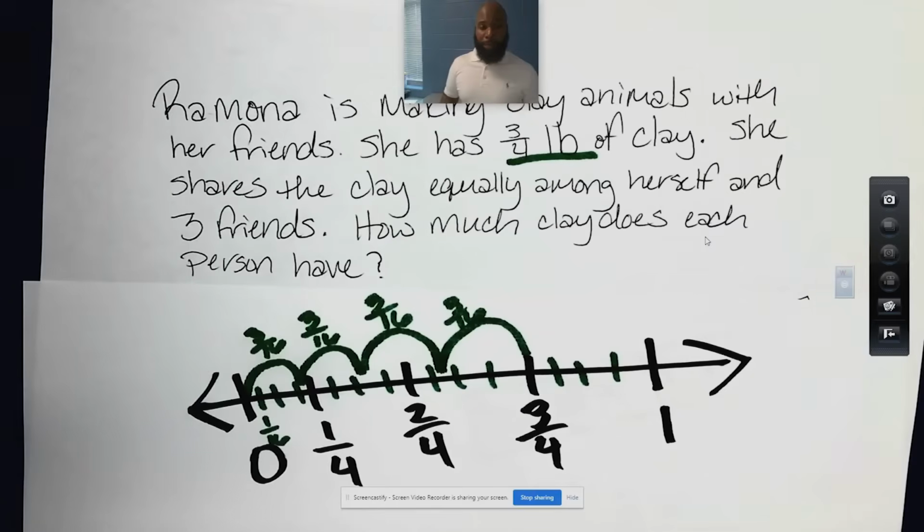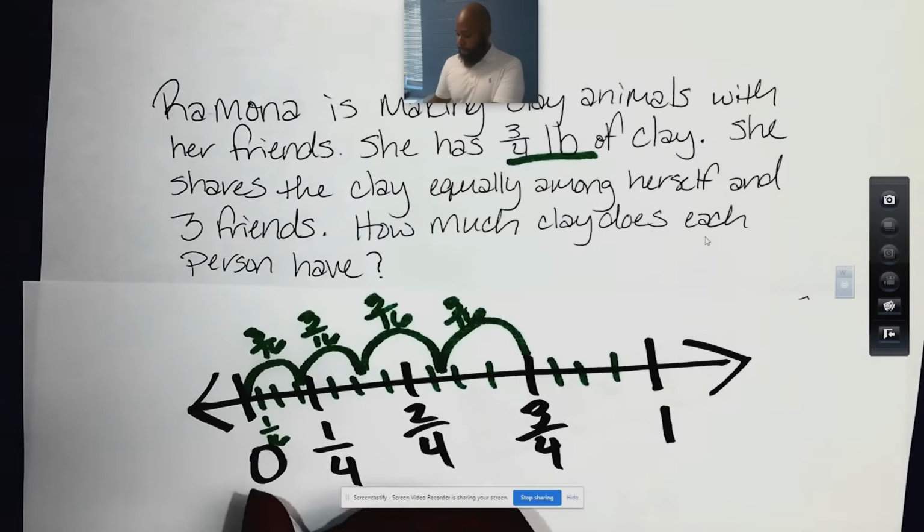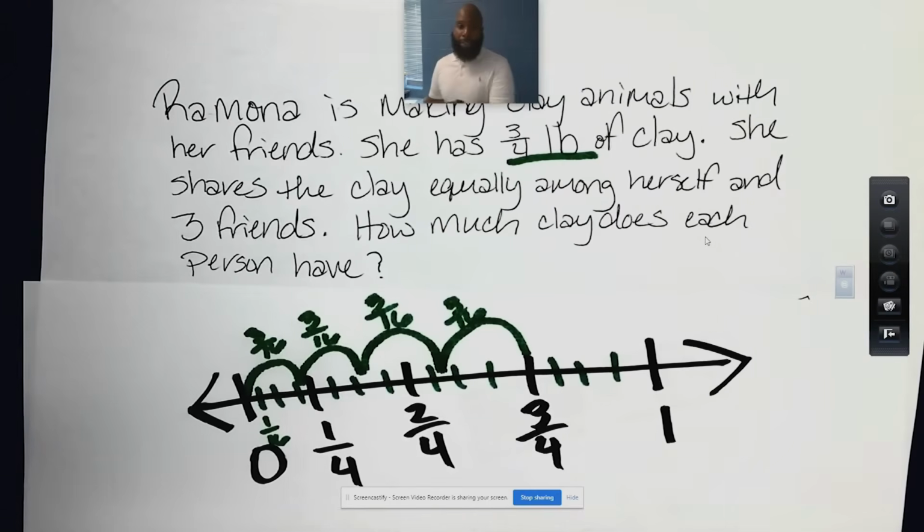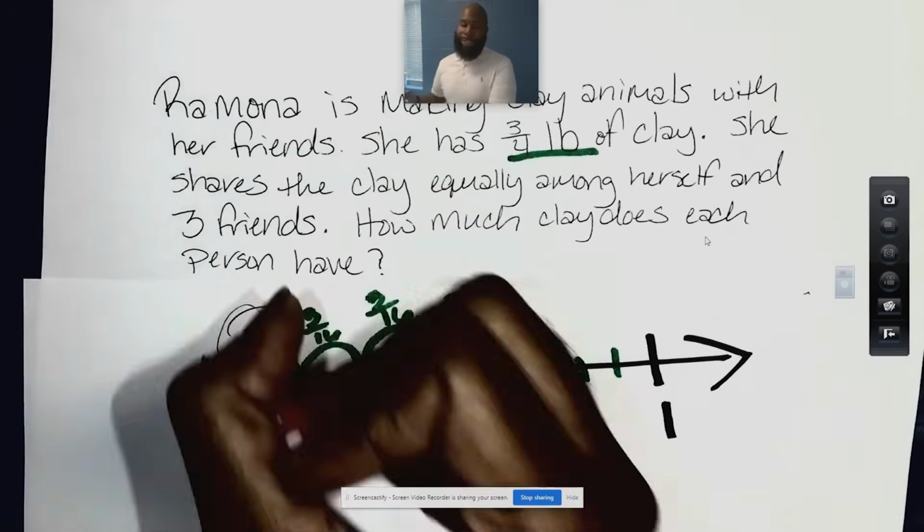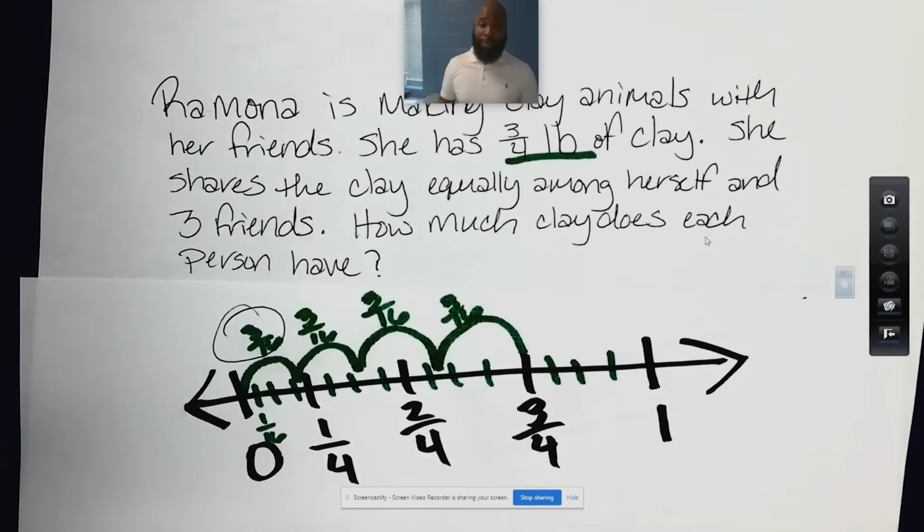So I know that with this, I have 12/16, which is equivalent to 3 fourths. So when you divide 12/16 into 4 equal parts, each part is 3/16, which means each person gets 3/16 of a pound of clay.